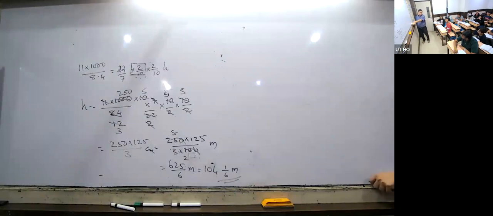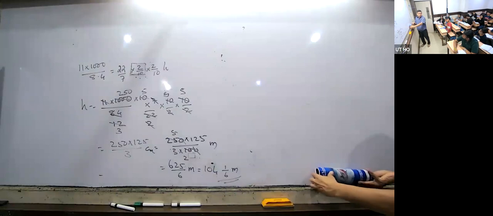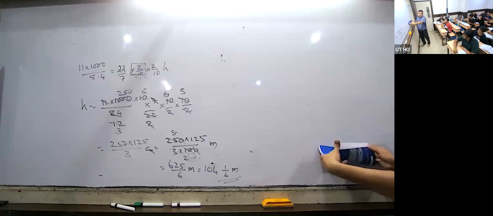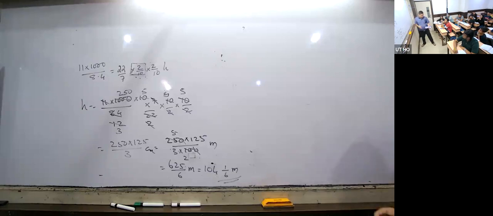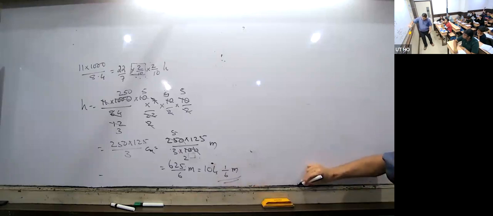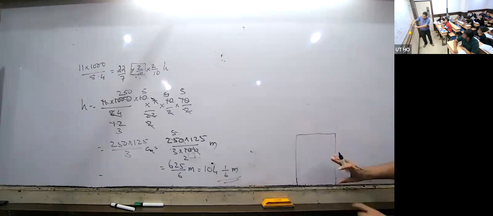A cylinder is kept over there, and I am going to rotate it once. After rotating, the cylinder started from here, rotated, slid and reached over here.